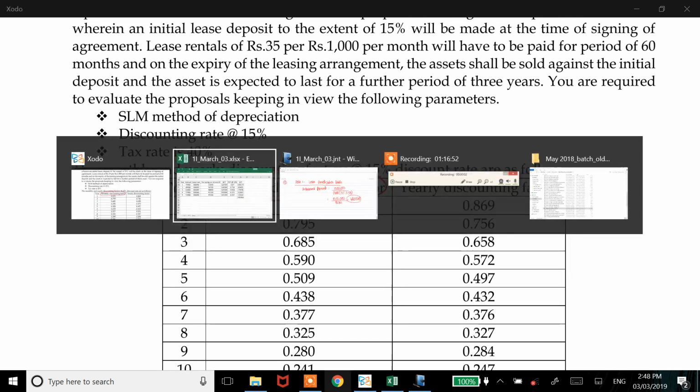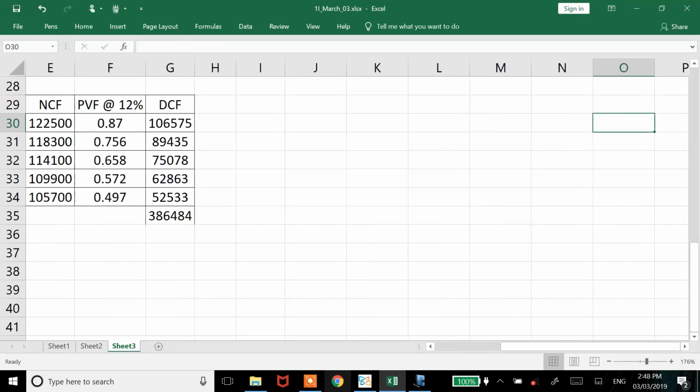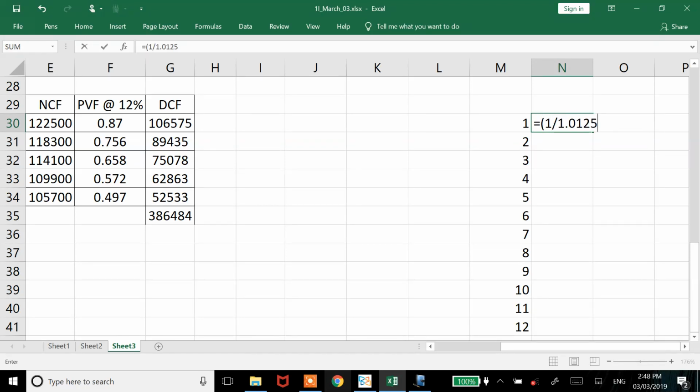We have 12 months. If I do the first year calculation, it's basically 1 divided by 1.0125.